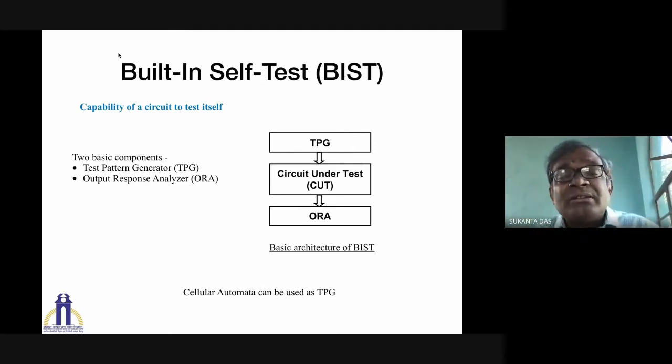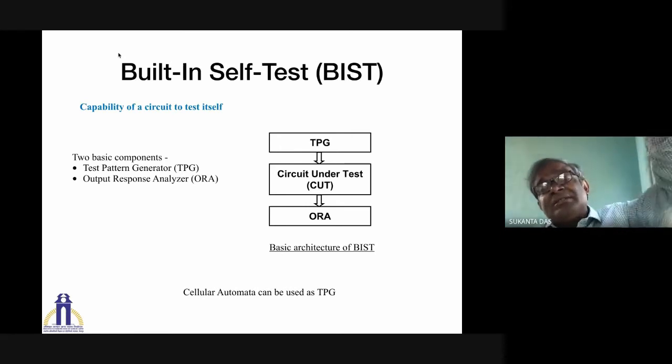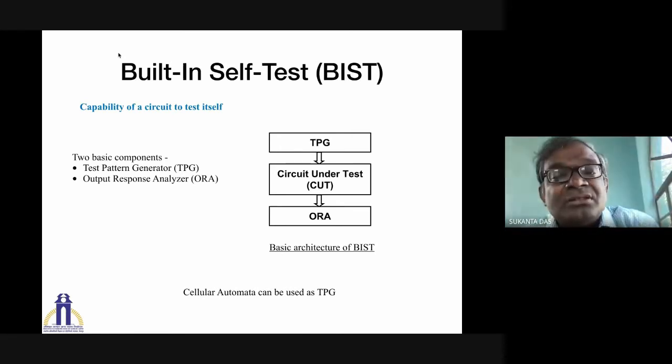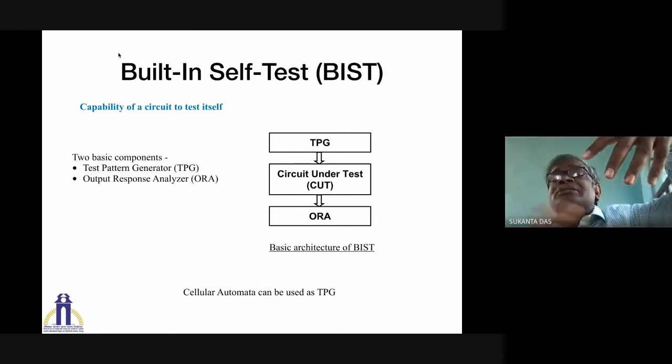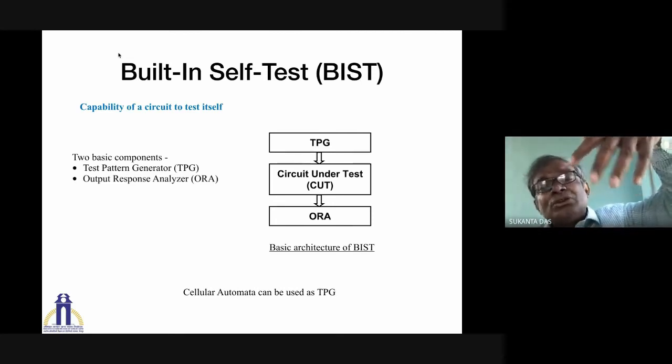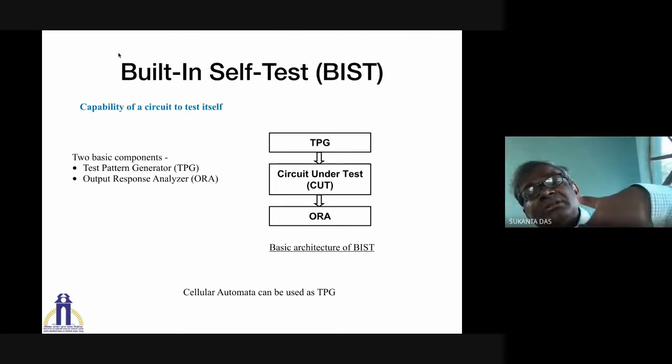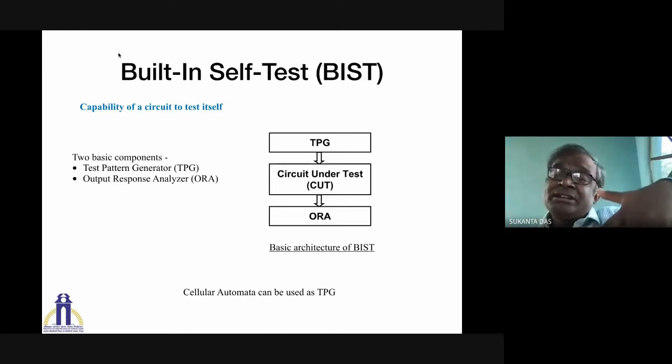These test patterns are fed into the circuit. We call it CUT, circuit under test. When it passes some pattern, 0, 1, 1, 0, there are many gates, many logic circuits, so they'll have some output, right? Now, that output may be correct, may be incorrect.